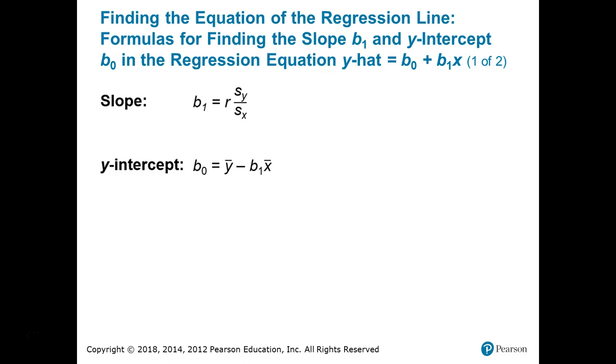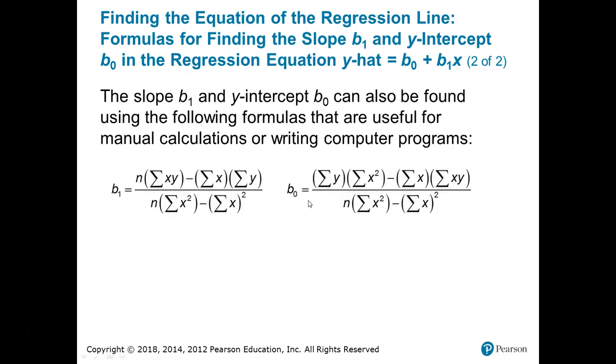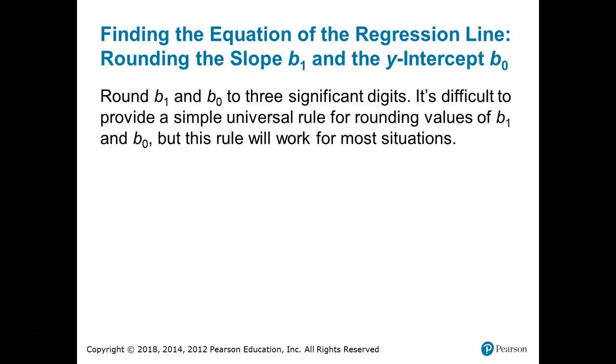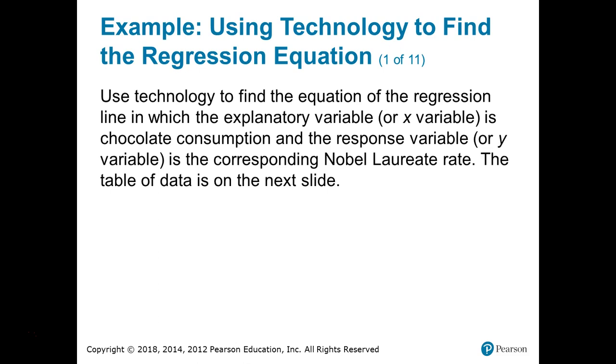Your y-intercept is the mean of y minus b1, which we calculate over here, times the mean of x. Here are the complicated formulas to do that. Again, I do not expect nor want you to do this by hand, but I want to show you where it comes from. Round the values to 3 significant digits.